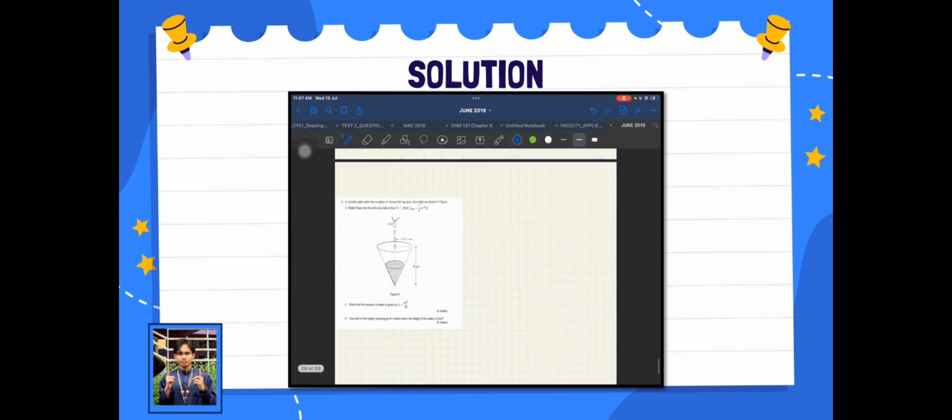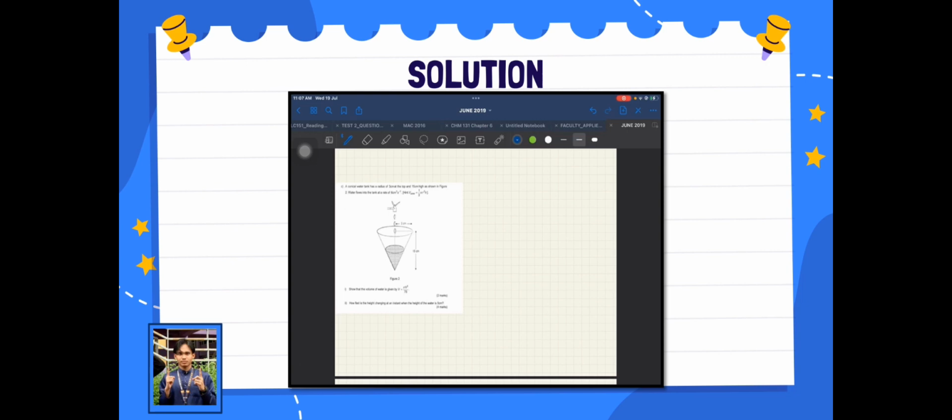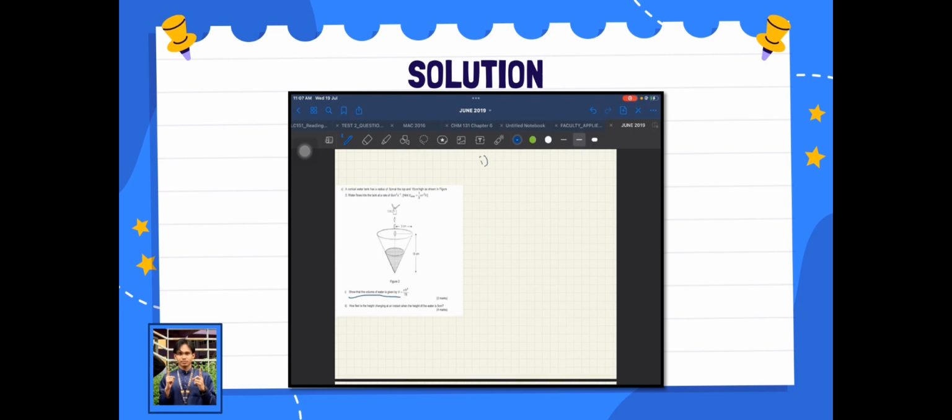The first question is, show that the volume of water is given by V = πh³/75. Firstly, we can use the equation of the volume of a cone, which is 1/3 πr²h. So we need to modify this equation into this.